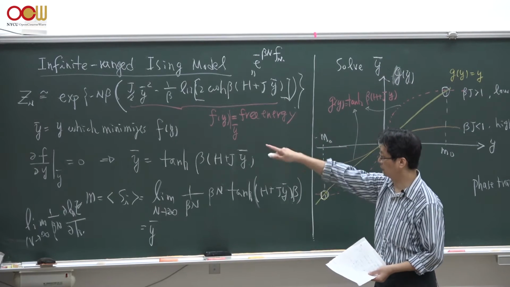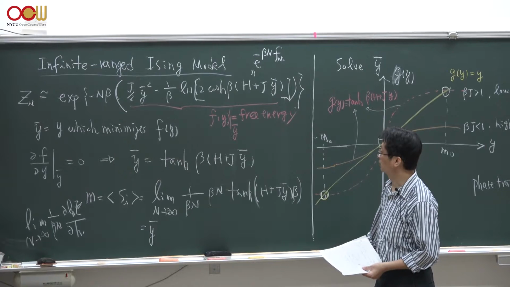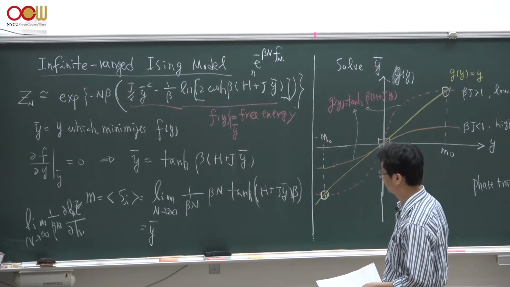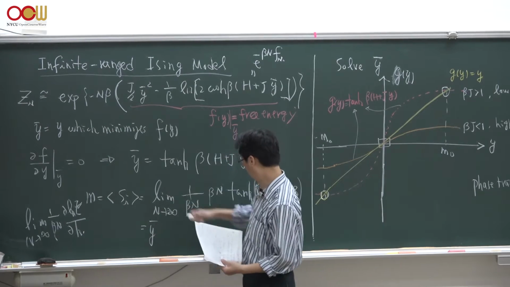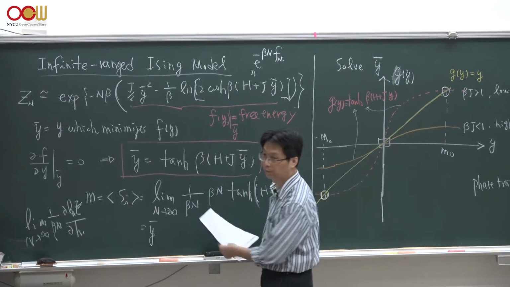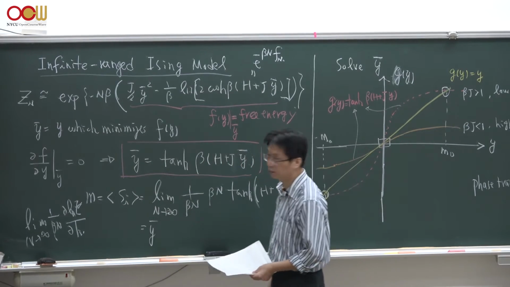When we plug in the partition function at the minimum free energy point, y bar, we simply get this simple relation. In other words, we need to solve this equation self-consistently, because y bar is involved on both sides of the equation.